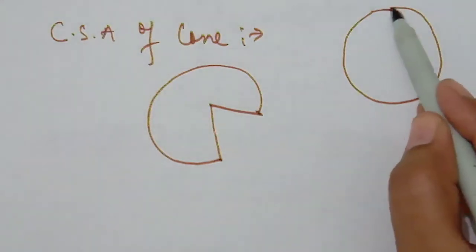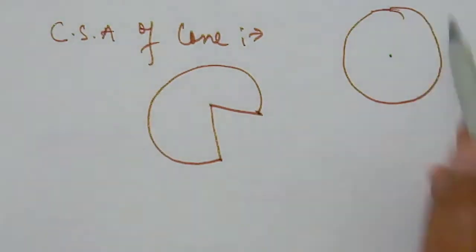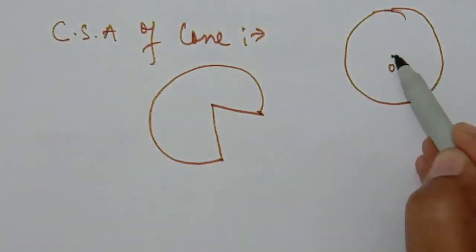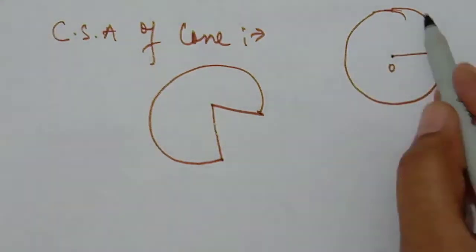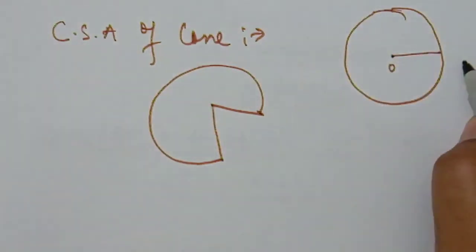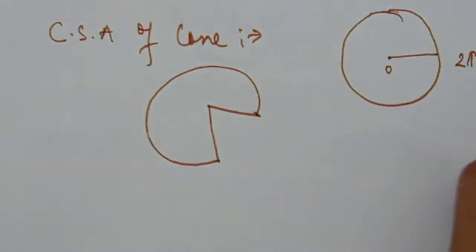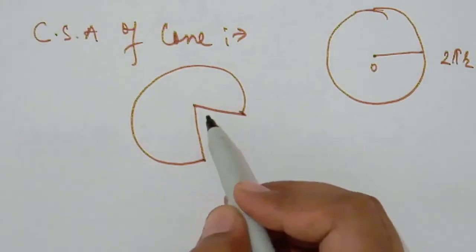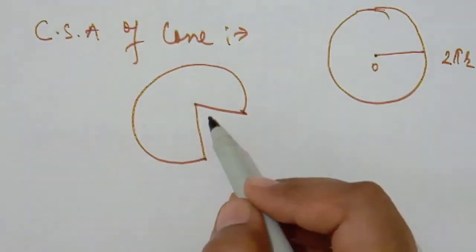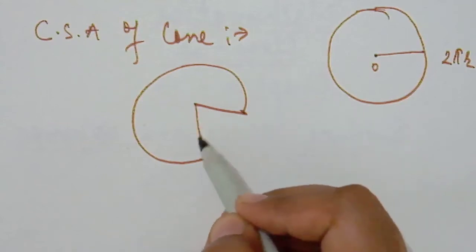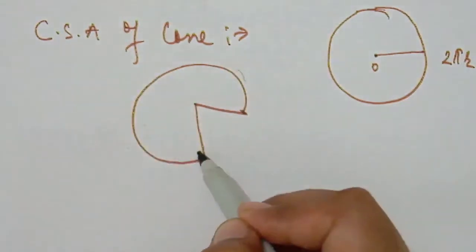So we know that when we are talking about a circle, we have a center O, this is our radius, which is the same in all the different parts, and this is the circumference of the circle, which is equal to 2 pi r. When we open a joker's cap or a birthday cap, this part of the circle is present.